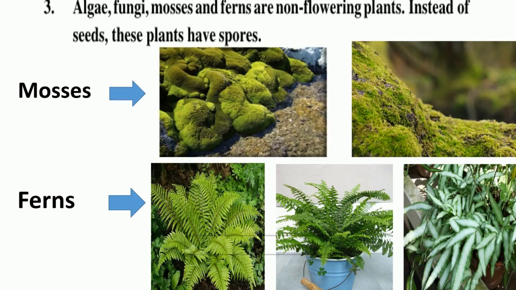Ferns are non-flowering evergreen plants that grow from spores instead of seeds. I will explain here what a spore is. A spore is a tiny cell that is created by the plant. Spores are released into the air or into the water and then travel away from the original plant.